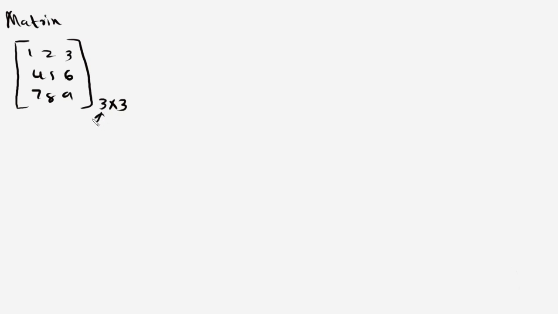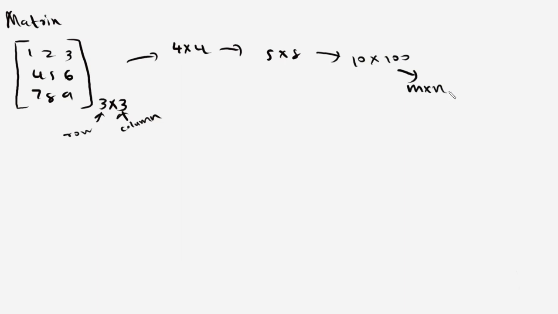This 3 represents the row count, and this 3 represents the column count. There can be any number of matrices with, let's say, 4 by 4 order, or maybe 5 cross 8 order, or maybe 10 cross 100 order, or any kind of real value.